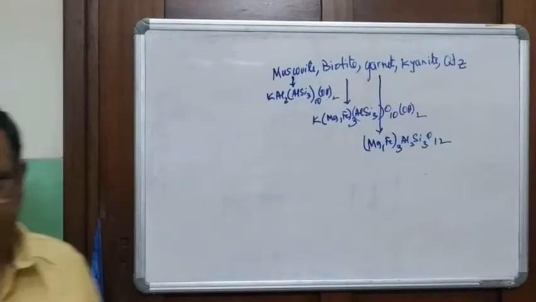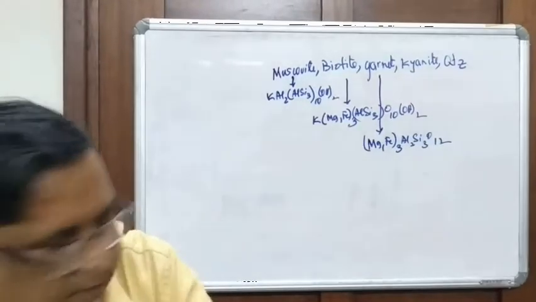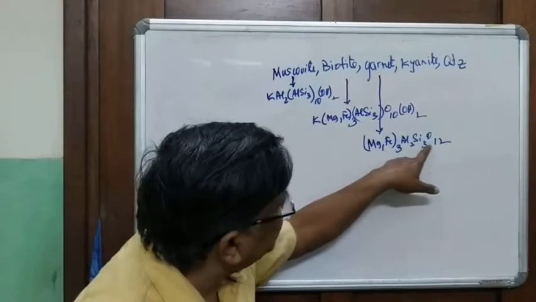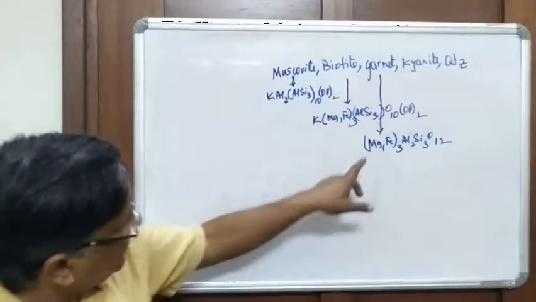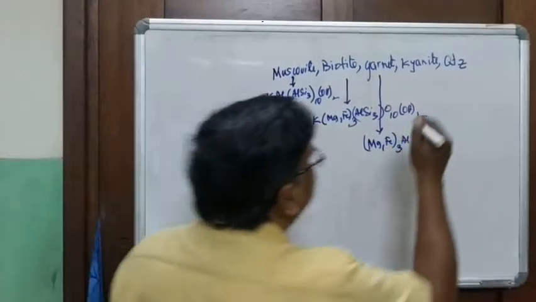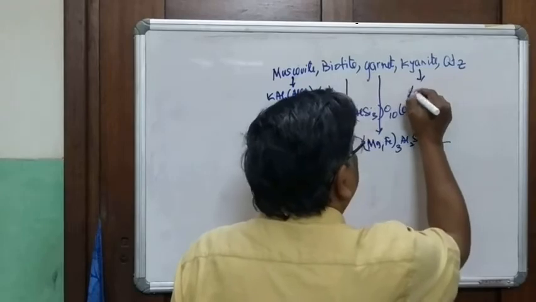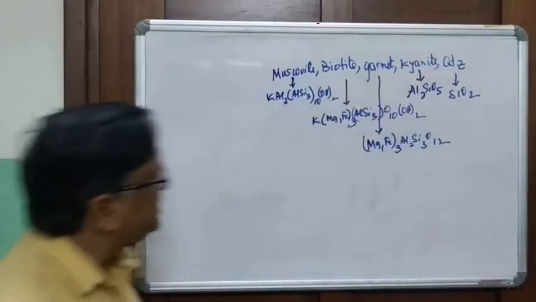This is a very simple garnet. Mg3Al2Si3O12 is pyrope. Fe3Al2Si3O12 is almandine. So we have pyrope and almandine. Then you have kyanite, and as convention, quartz is normally taken as a pure phase. So that's the composition.